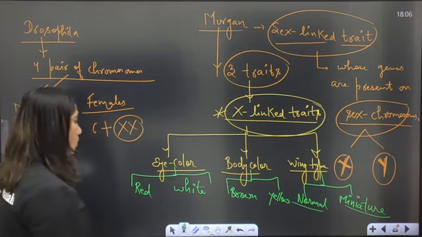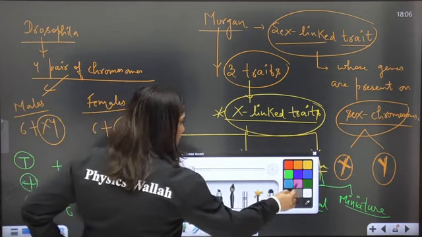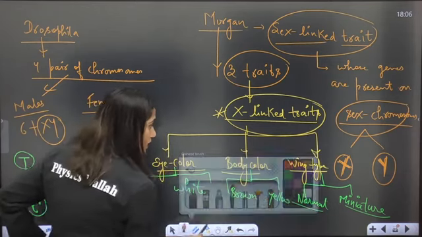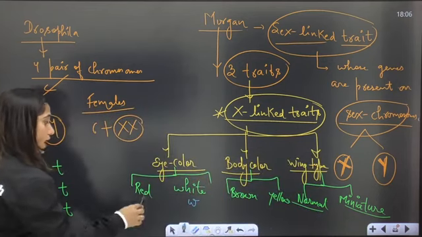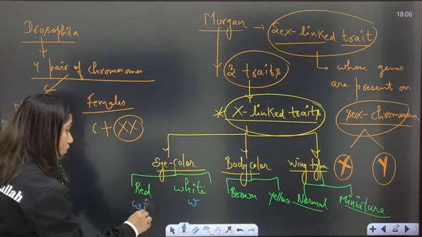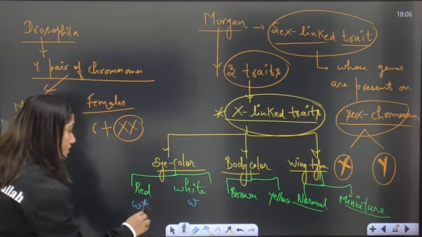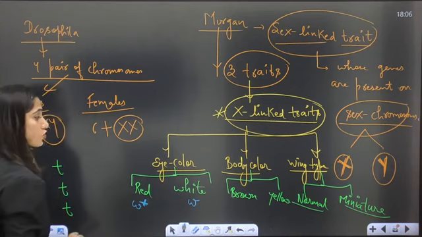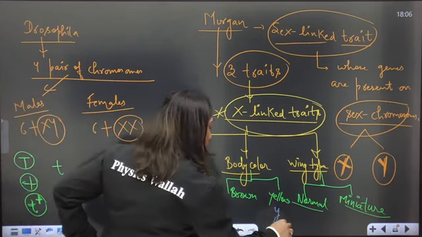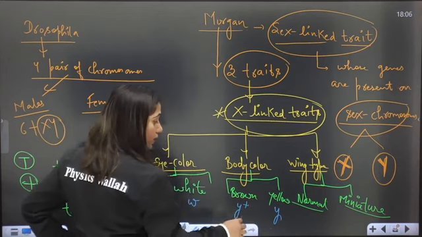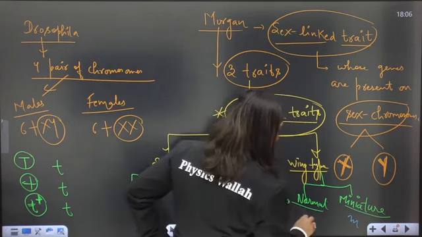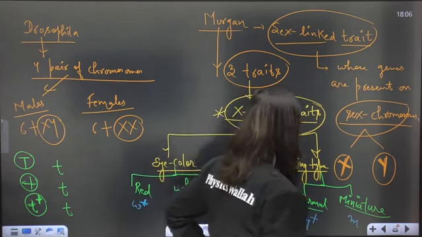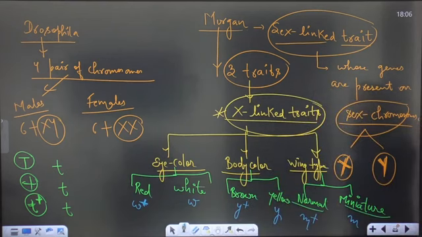So for white eye color, which is a recessive trait, I am taking small w, and for red I am taking small w plus. So small w plus shows the dominant gene. Here small y and y plus: brown is the dominant trait, y plus, and yellow is the recessive. Miniature, small m and m plus. Okay? Clear?